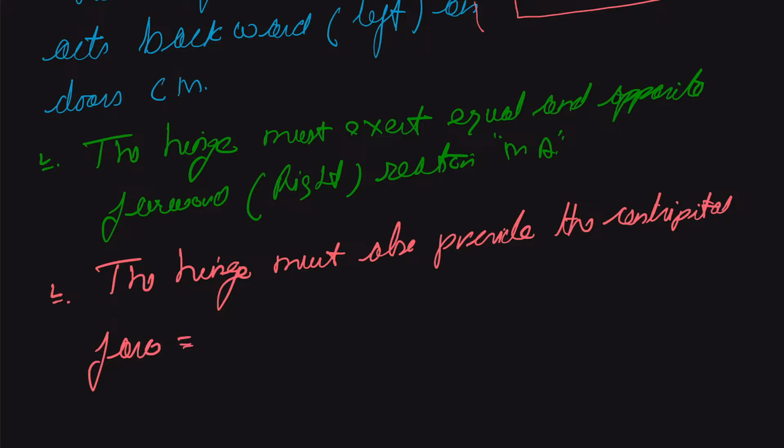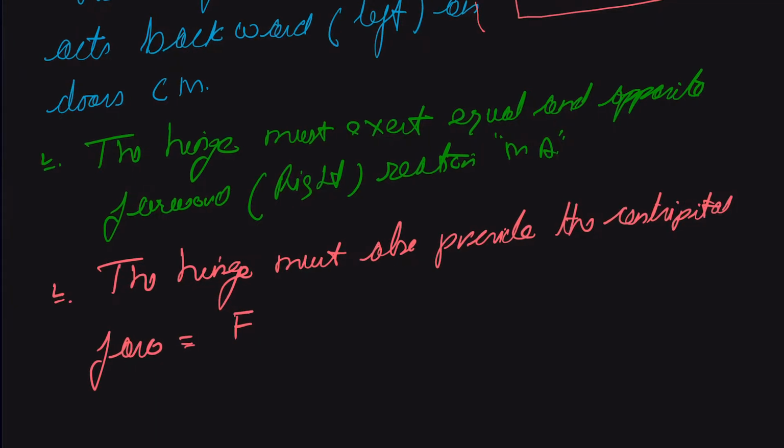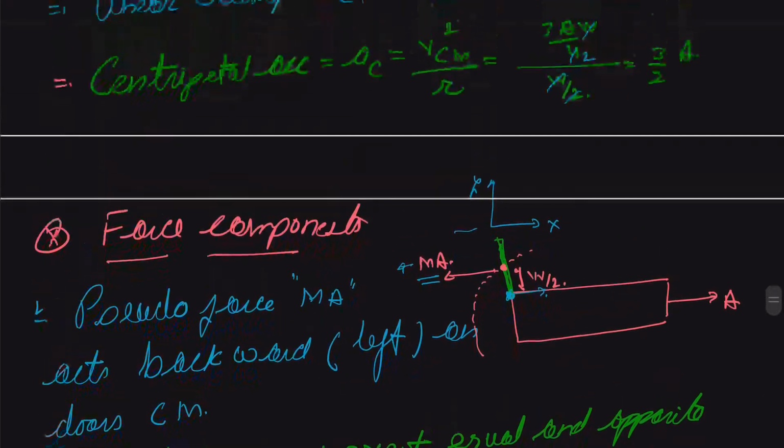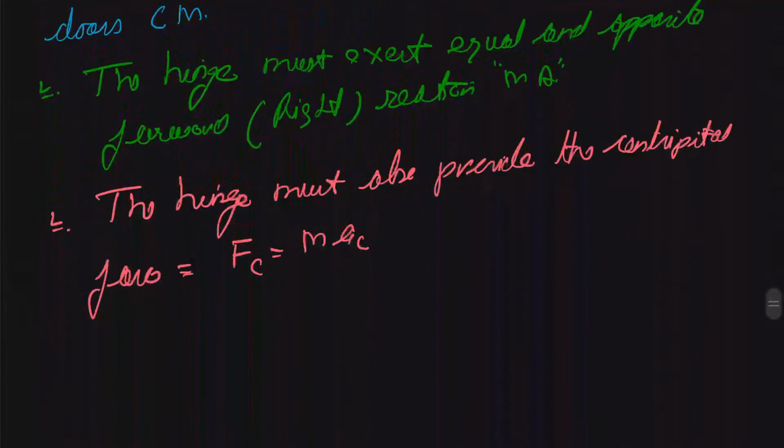Let us suppose we call this FC, which will be equal to mass into centripetal acceleration, and centripetal acceleration is our 3/2 a. So this comes as our 3/2 m times a.